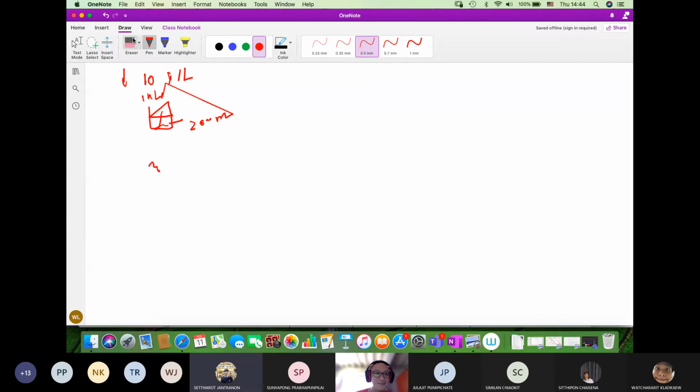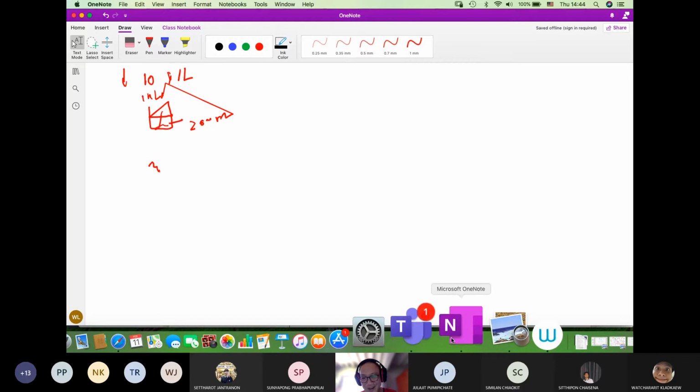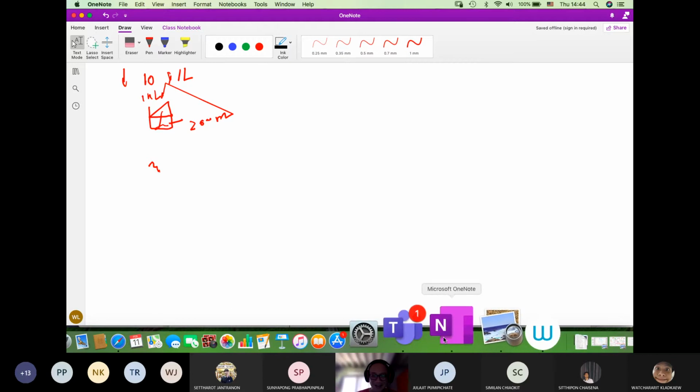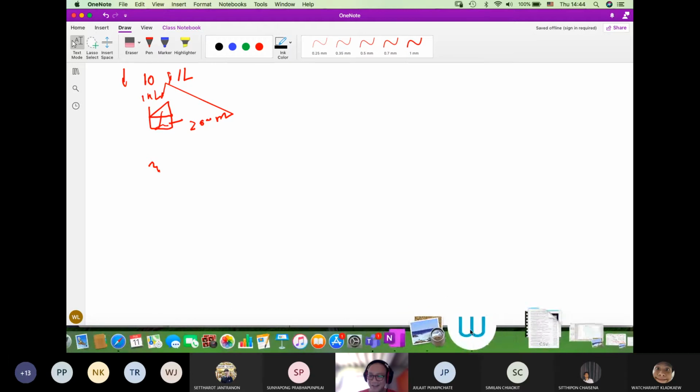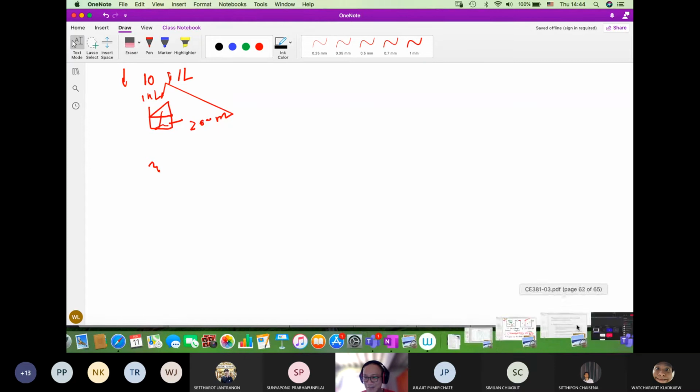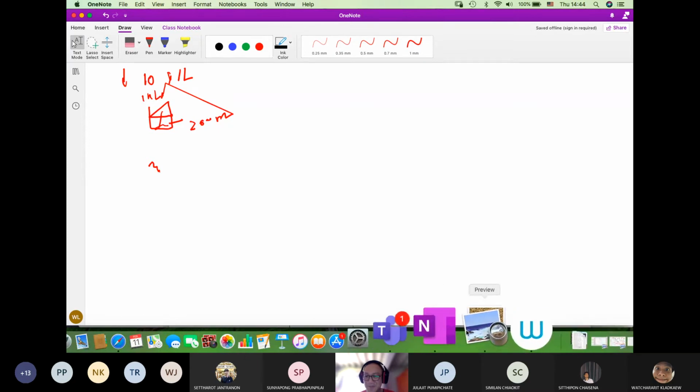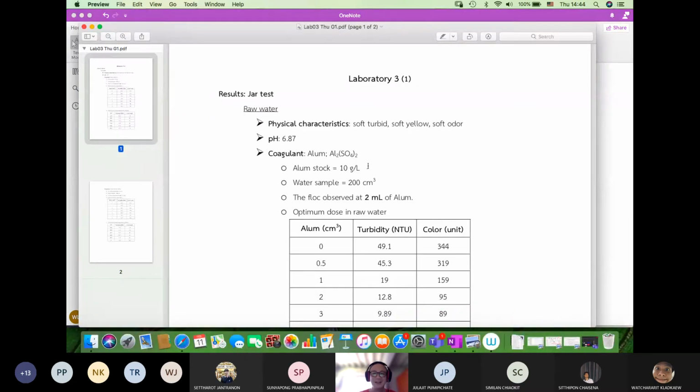We use the alum at 10 grams per liter, and first we tried with the water sample of 200 ml.